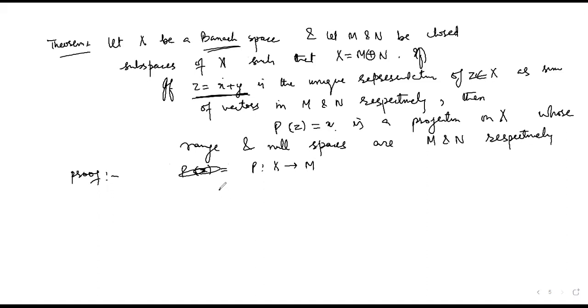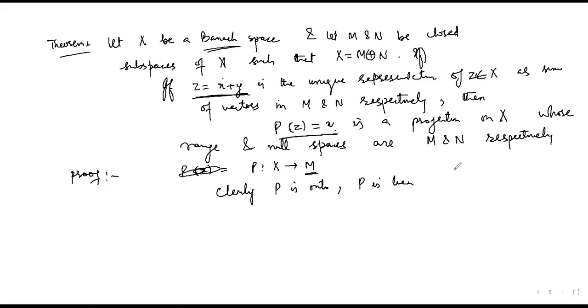Clearly P is onto, obviously इसकी रेंज ही ये है तो onto है, क्योंकि P of Z is equal to x. Exactly, for Z I have got an x here, onto है and linear है. linear कैसे? चलो linear करते हैं. P is linear.